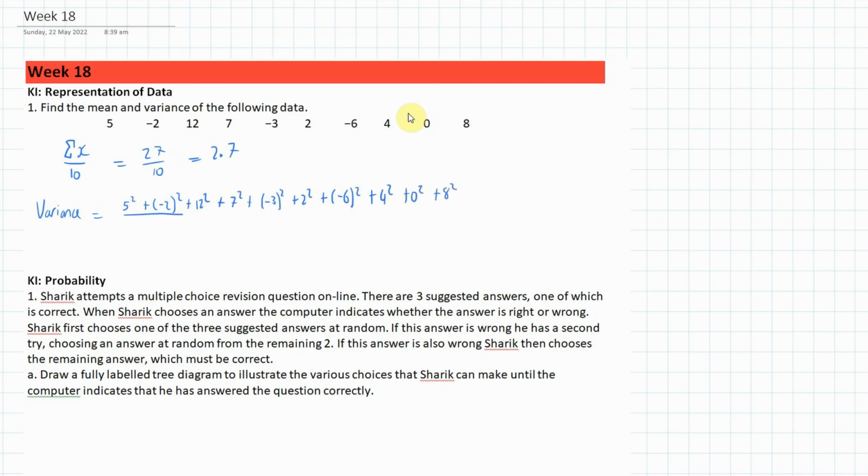All of that is going to be divided by n, the number 10. And then we're going to subtract the mean squared from this, and this should give us the variance. When I did this just earlier, I got 27.81, or 27.8 to three significant figures.